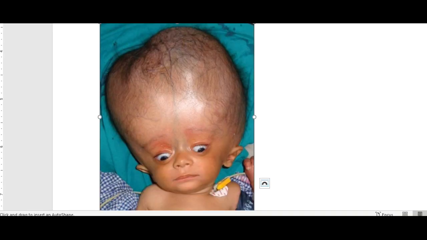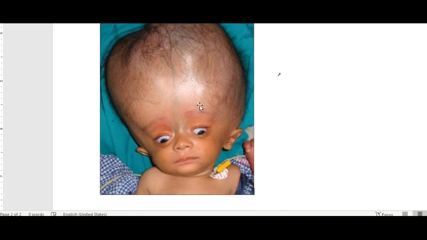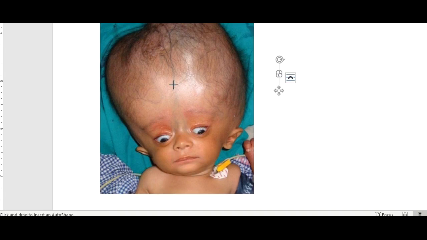Then we have some signs in hydrocephalus. So this is the picture of hydrocephalus, where there is a large head and you can see the venous prominences. So here you can see the venous prominences, these are the veins.